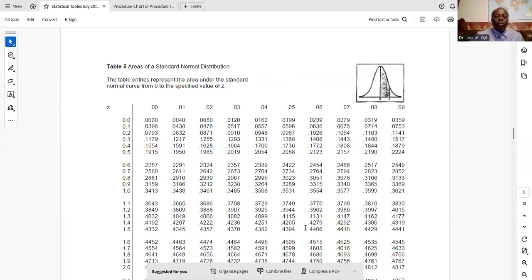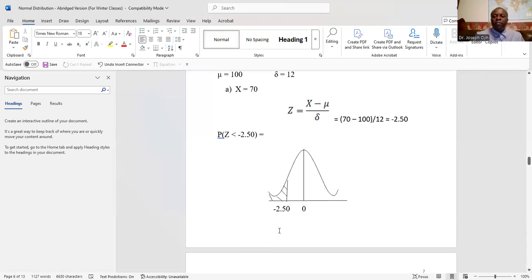Why did he say subtract the area from 0.5? Because half of this is 0.5, and this other half is 0.5. So if you're looking for only this small area, you subtract it from 0.5. Since all the numbers in the table are 4 digits, you make it 0.5000 minus, and then look for negative 2.50. If you're using this table, you don't have to worry about the negative.